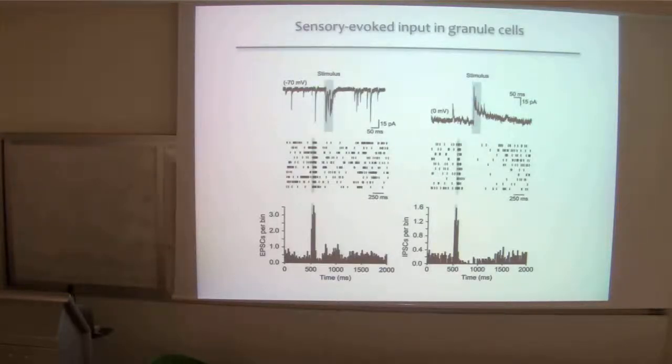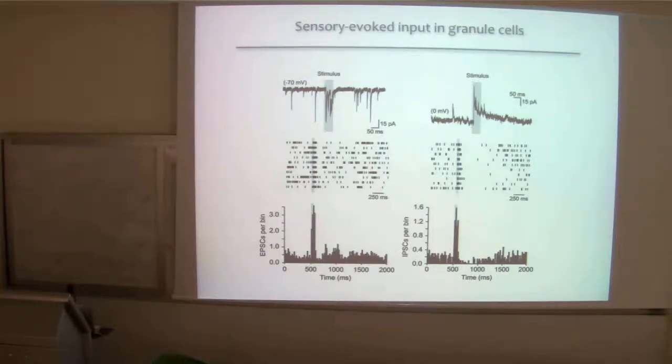These are recordings we made, again in juvenile rats under anesthesia, given the same sensory stimulus as before, an air puff to the whiskers or upper lip, 60 milliseconds. These are recordings from granule cells at -70 in voltage clamp, so we're looking at excitatory transmission from the mossy fiber to the granule cell. Again, we see a burst of about 5 or 6 EPSCs, nicely time-locked to the sensory stimulus.